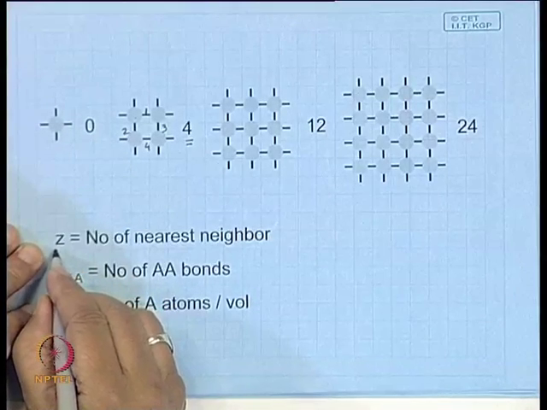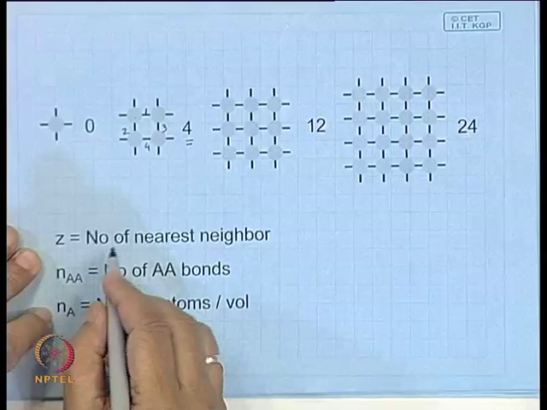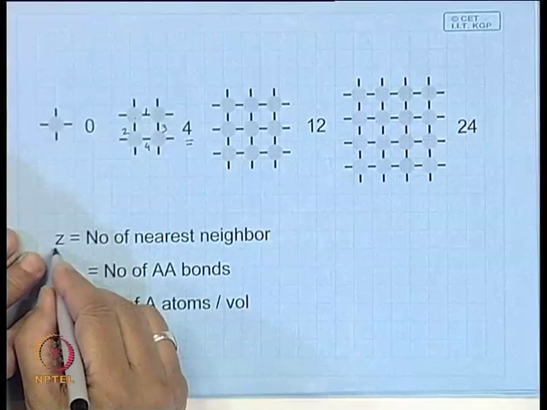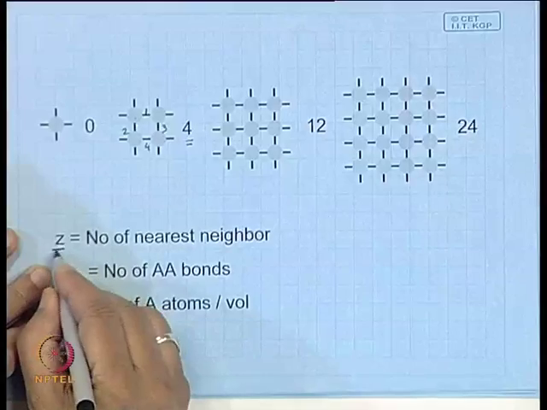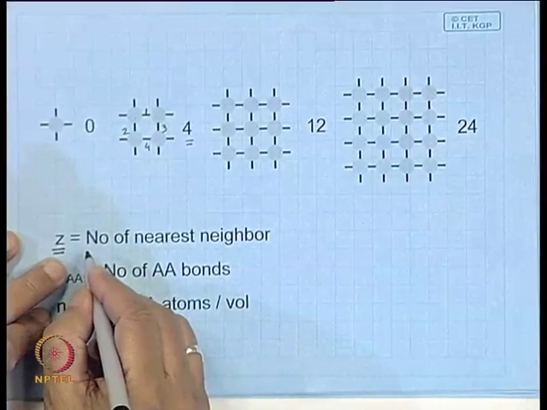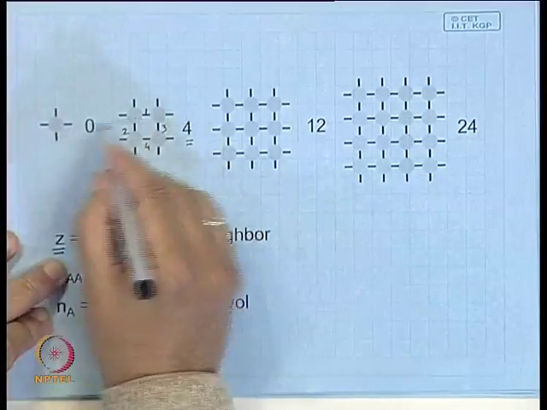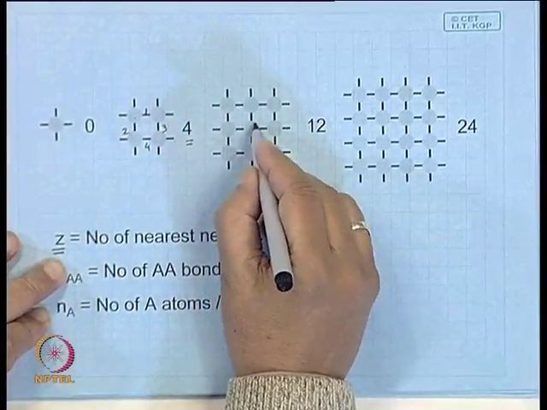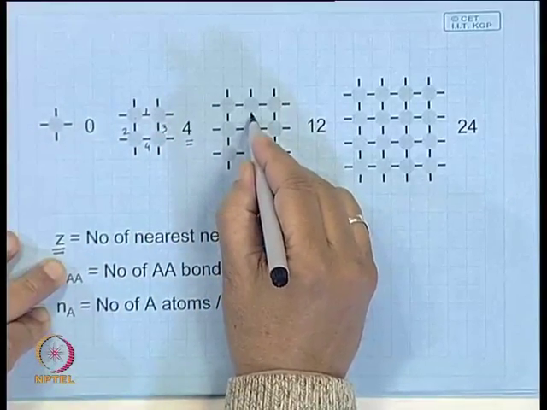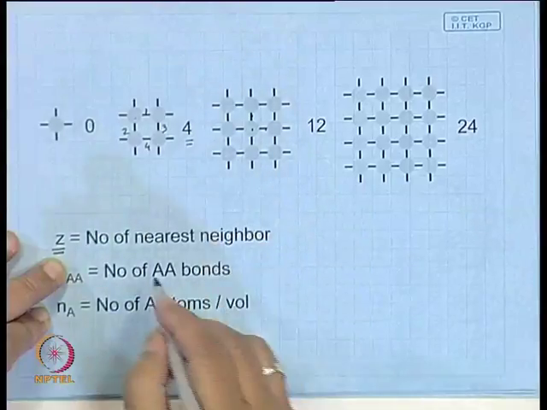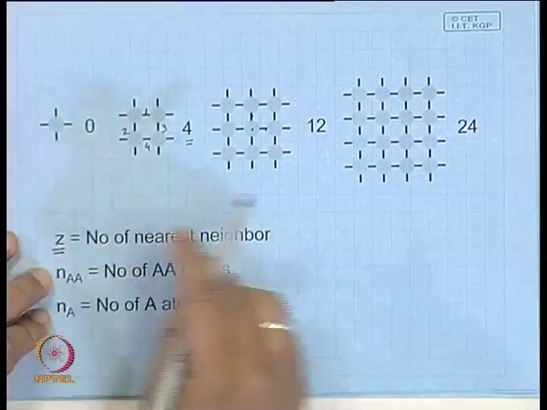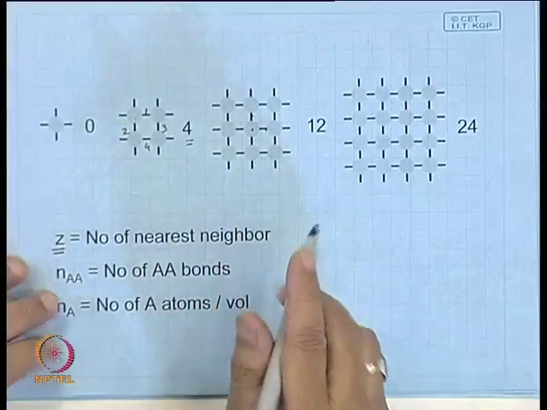And this is the way, if you go on adding, it is possible to calculate the number of bonds if you mix a certain number of A atoms. Let us say that Z is the coordination number of the nearest neighbor. So, here we can say this atom can have 4 nearest neighbors. Consider this is 1, 2, 3, 4. So, this is the nearest coordination number, or we can say the number of nearest neighbors.